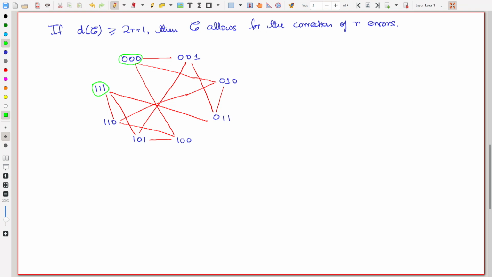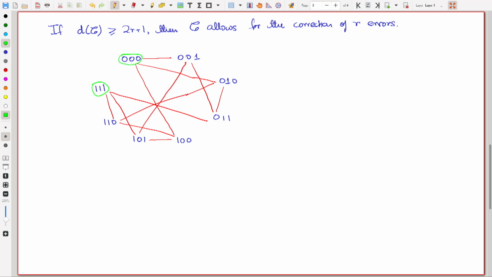So, if I take any word here, then the distance from 111 plus the distance from 000 will be at least 3. Okay, let us think of it another way.